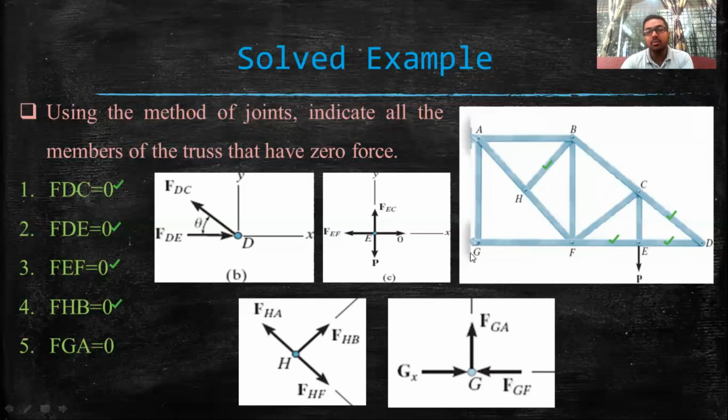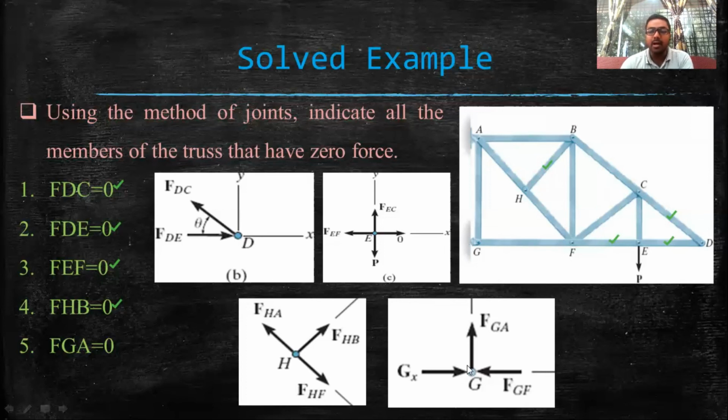As this is a roller support at joint G, the direction of the roller is like this, so there will be only a horizontal reaction due to this roller support. Let us call Gx the reaction force in the x direction, and there is another member force FGA acting in the vertical direction. This is the total free body diagram of joint G.